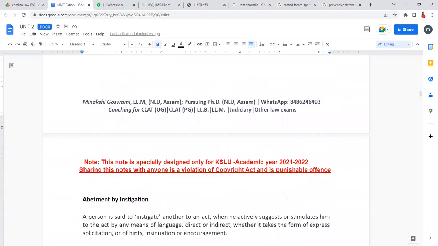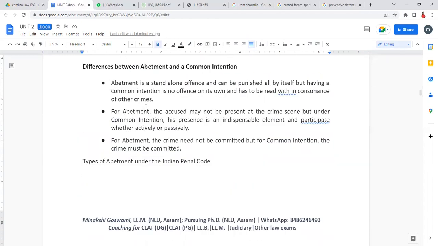Okay, then there are differences between common intention and abetment. What is common intention? There may be two or more persons who have a common intention, and to fulfill that common intention, they commit a crime.